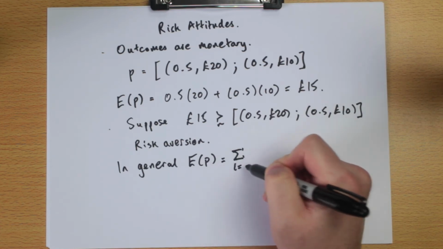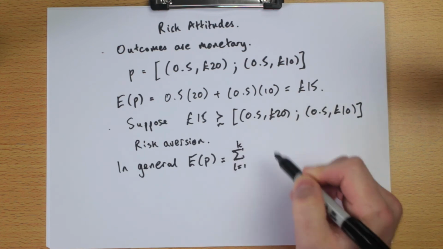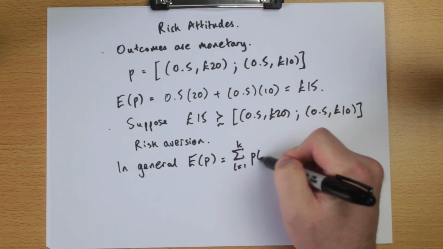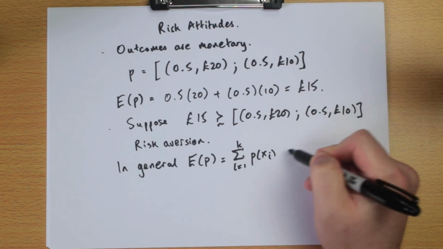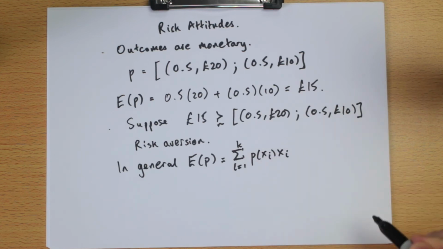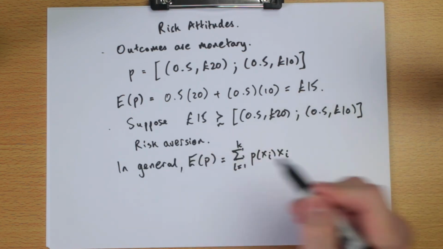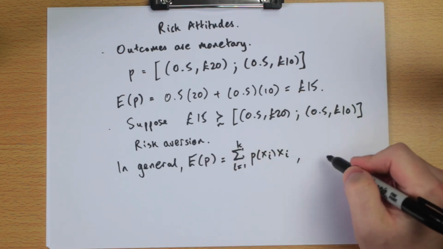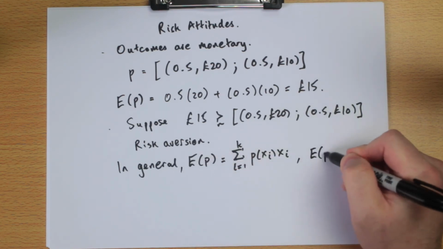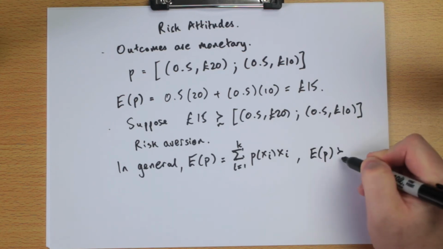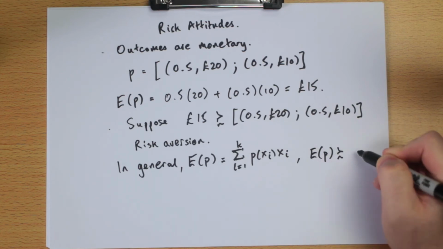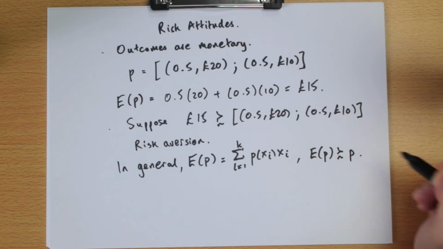So it would be the sum from i equals 1 to K of the probability of x_i multiplied by x_i. So that would just be a number, an amount of money. And then risk aversion would be the condition that E(P), the expected value of the lottery received with certainty, is preferred to the lottery itself. Okay, so that's what we mean when we say risk aversion.